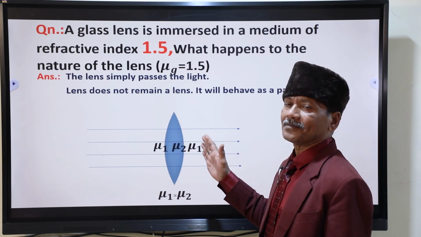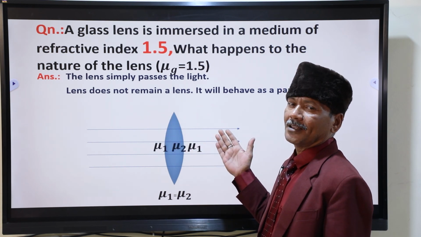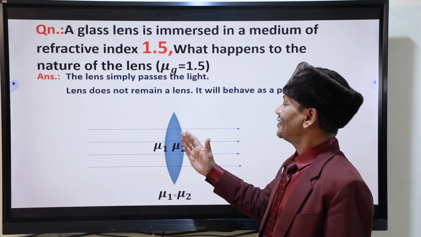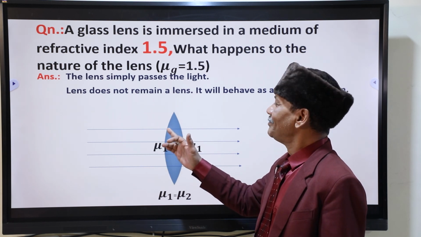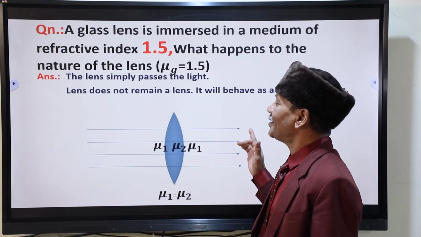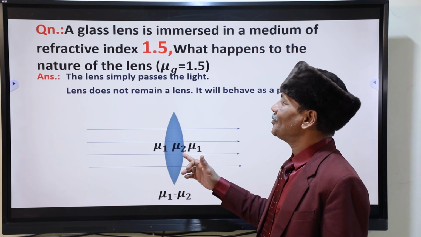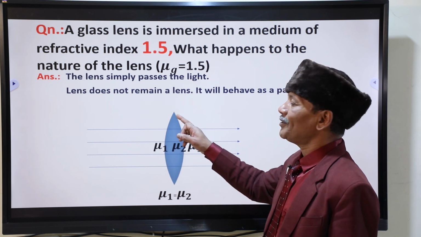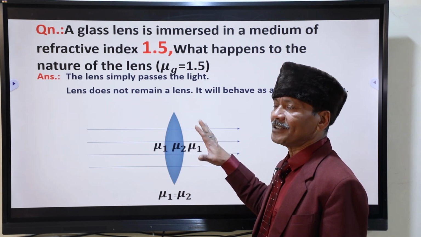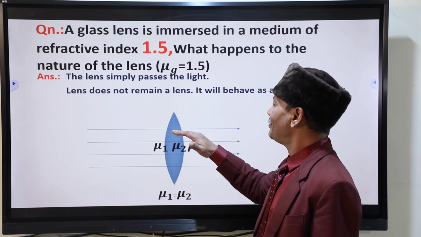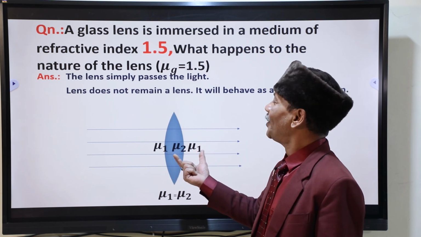What should happen? There should not be any deviation. Means if light rays are coming along this, it will not get deviated. It will simply pass. So when mu1 is equal to mu2, this will not act as a lens. It will not converge or diverge. Simply rays will be passed through it. A transparent portion of a medium only.